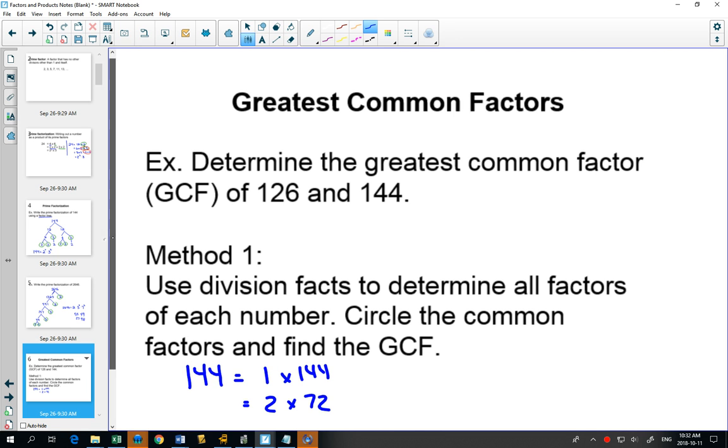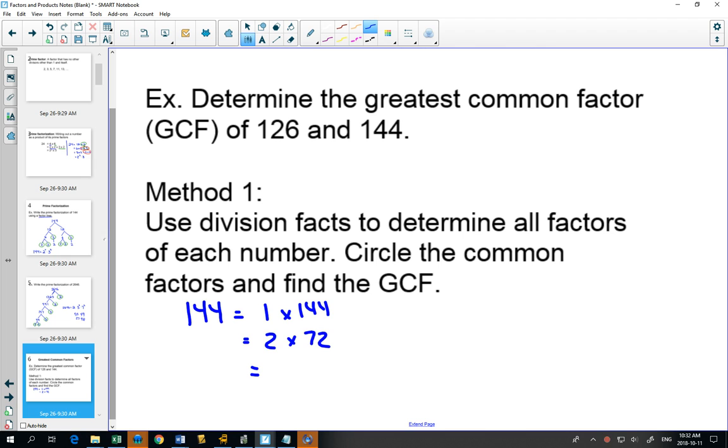Can you divide it by 3? Yes. 3 times, and you have to get out your calculator, it's going to be 3 times 48.